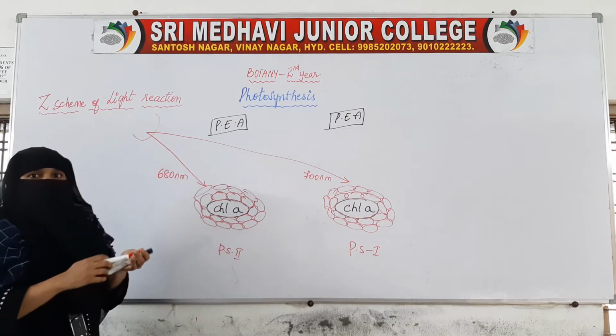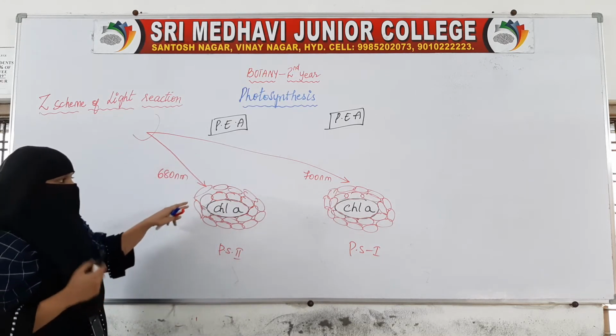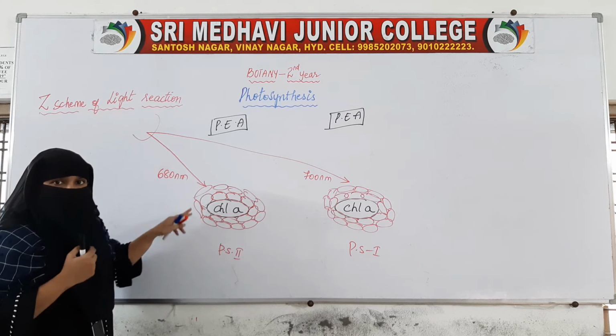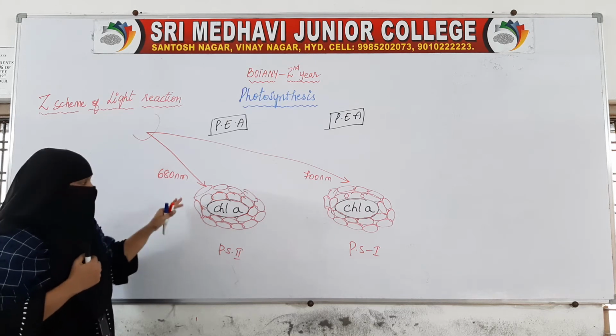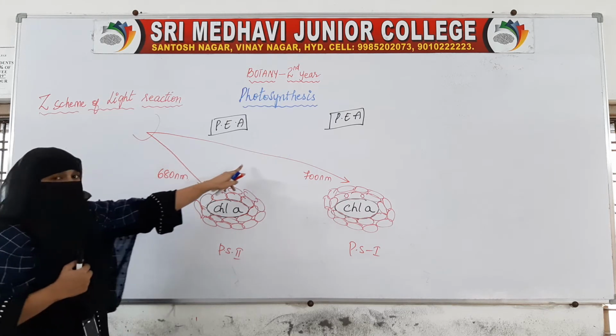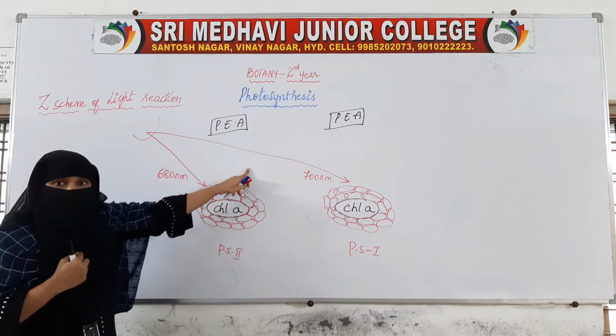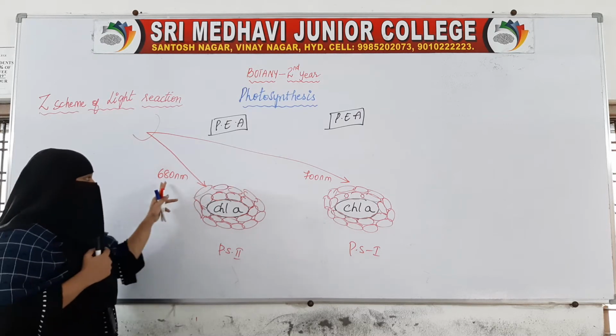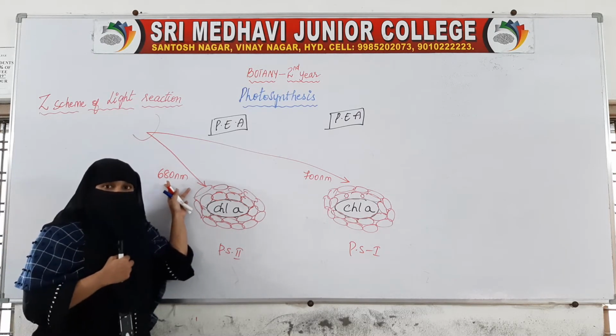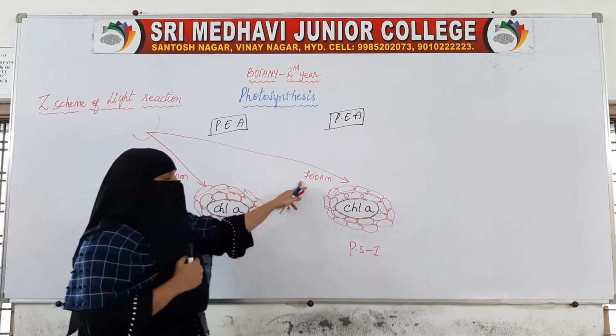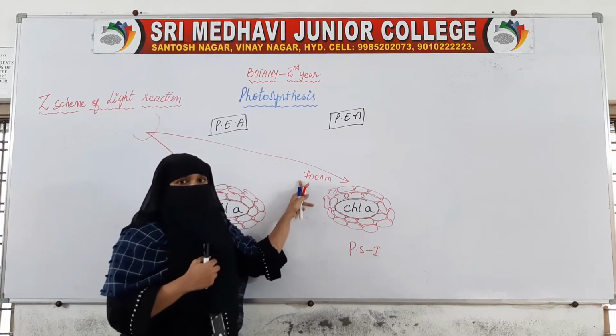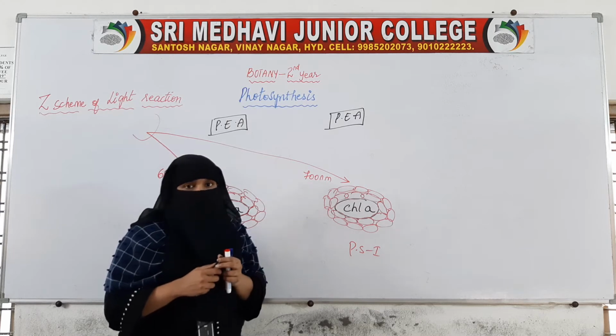So both these reaction centers, the light harvesting complexes or antenna complexes, absorb the energy from the sun. One absorbs light of 680 nanometers and the other absorbs light of wavelength 700 nanometers.